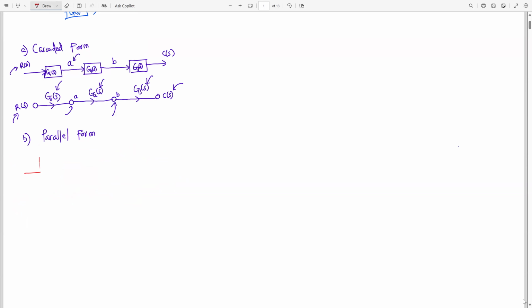I have this. We're all conversant with this already, so there's no need to explain what's going on. G2 of S, G3 of S, summing junction here.